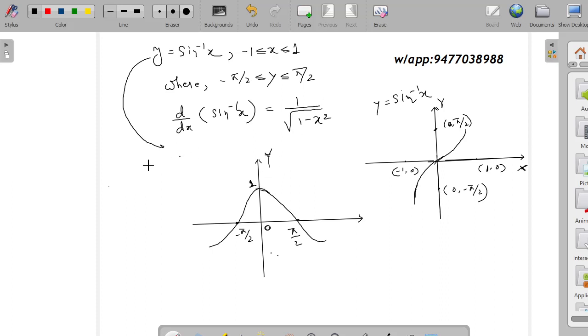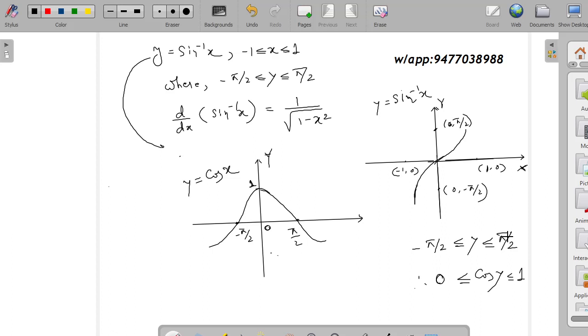Now, as our y moves from -π/2 to π/2, we can see from the graph of cos y that our cosine function is moving from 0 to 1.